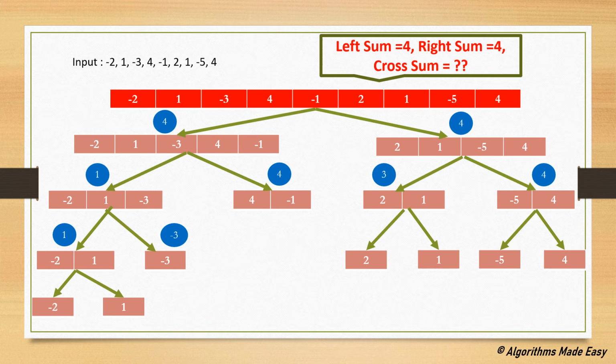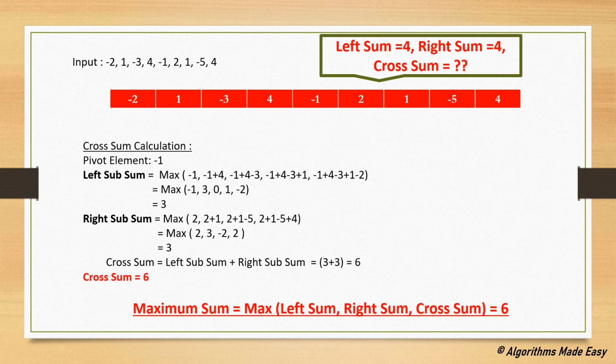I would suggest you pause the video, calculate the cross sum, and then resume whenever you are ready. If you have got the same result, congrats, as you have fully understood the working of this algorithm. If not, don't feel disheartened. Let us solve the left subsum together, then you can try it for the right subsum.